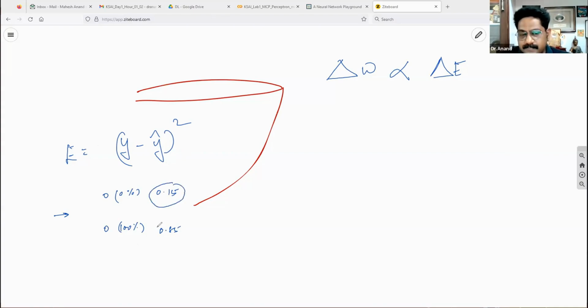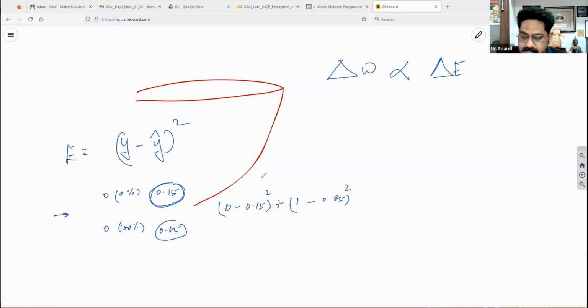What is expected is 0, and what is predicted is a 15% probability score, so (0 minus 0.15) whole square, plus what is expected here, 100% probability, 1, but what is predicted is 0.85. So the squared error idea you can extend even to the classification problem.